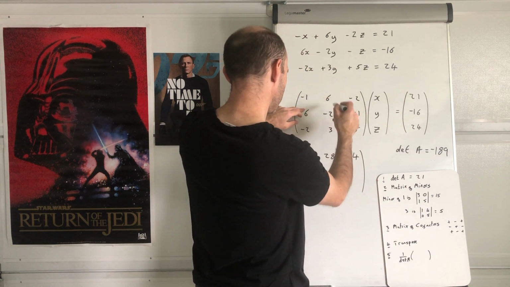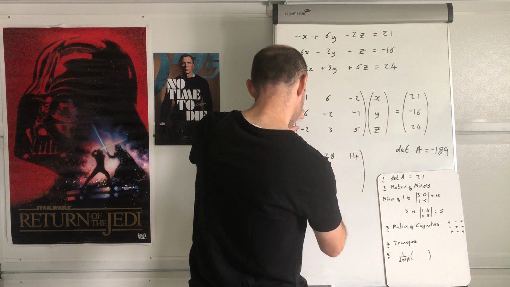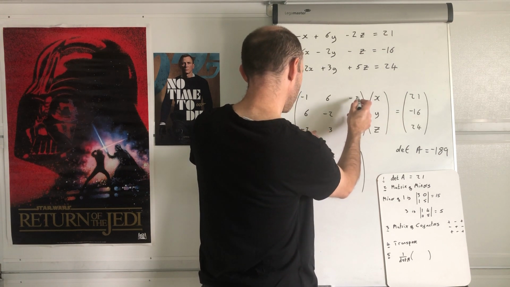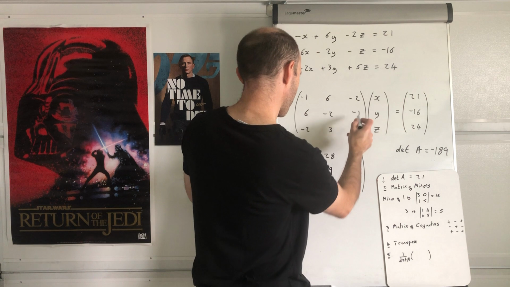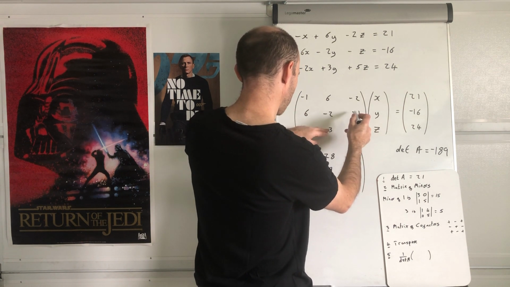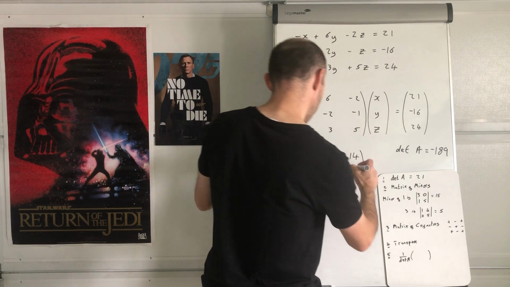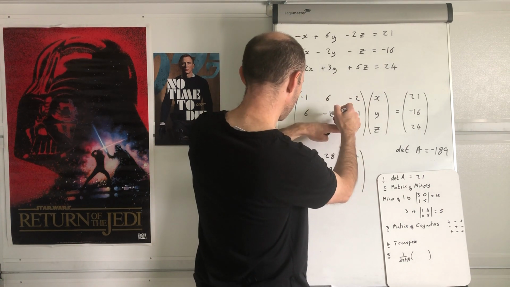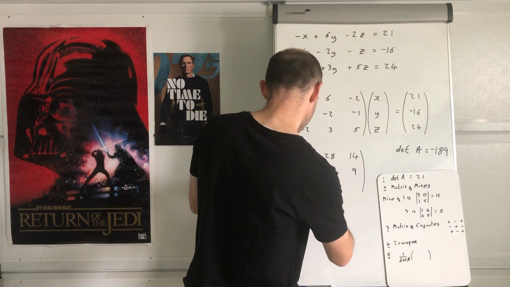So it's going to be 30 plus 6, 36. -5, subtract 4, it's -9. -3 plus 12, 9. 2, subtract 36, negative 34.